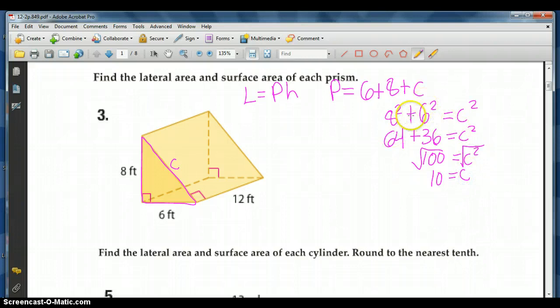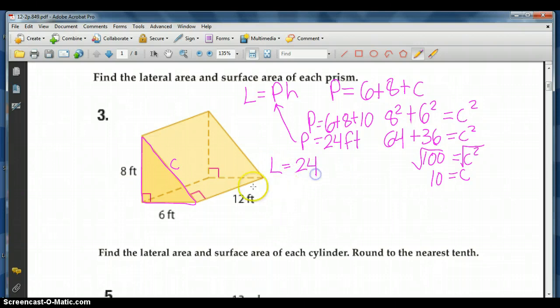So that's C. So I can substitute that in back here, and my perimeter is equal to 6 plus 8 plus 10, or 24 feet. Now I'm going to substitute this in for my perimeter to find my lateral area.